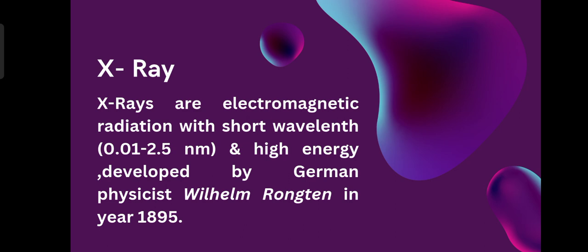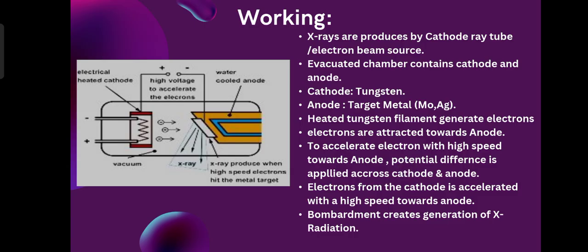In that spectra it comprises various lights, that is UV, visible, radio waves, microwaves, X-rays. So X-rays are high energy waves, and their wavelength is around 0.01 to 2.5 nanometer. This X-ray was first discovered by the German physicist Wilhelm Röntgen in the year 1895.